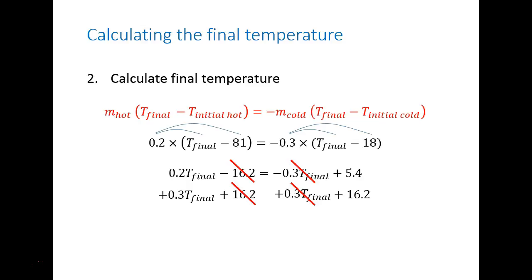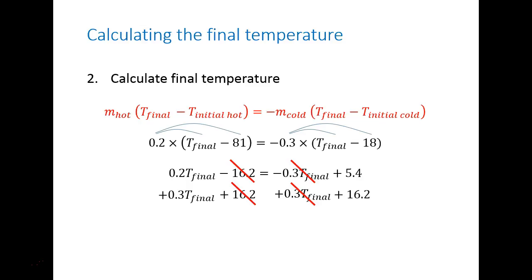Now you're probably more familiar with moving terms from one side to another, and you can do that as well, and that's fine. The principle behind moving something from one side to another is the same as this one.